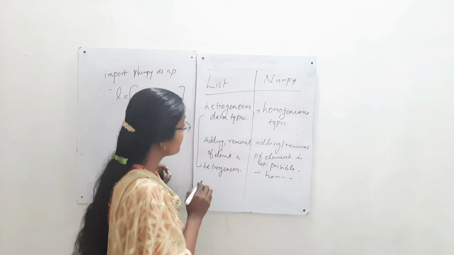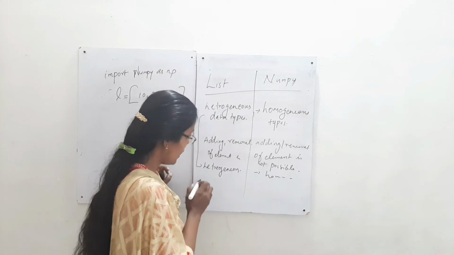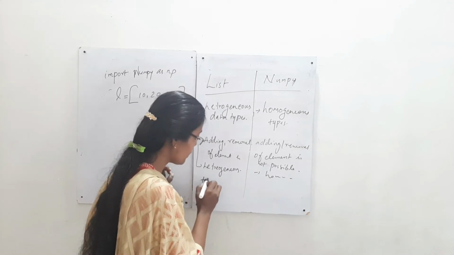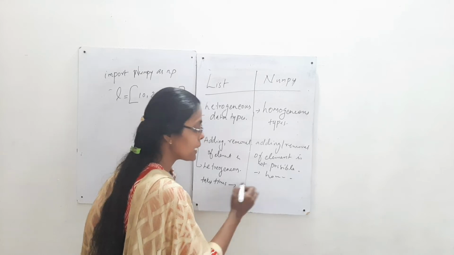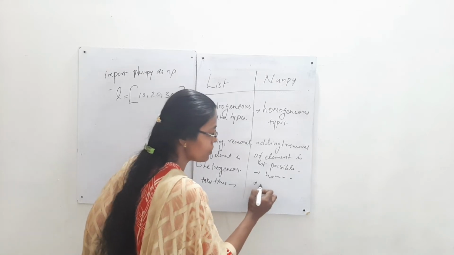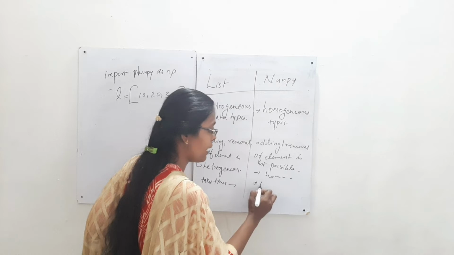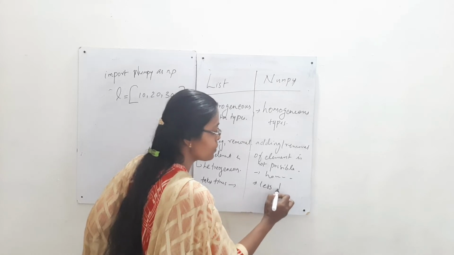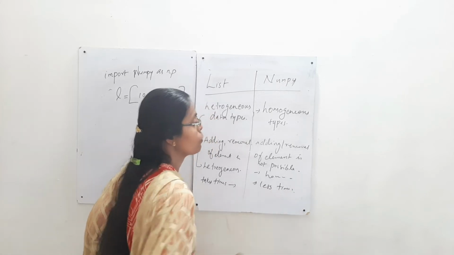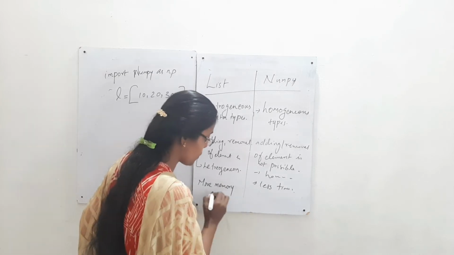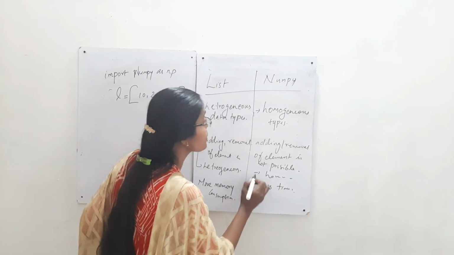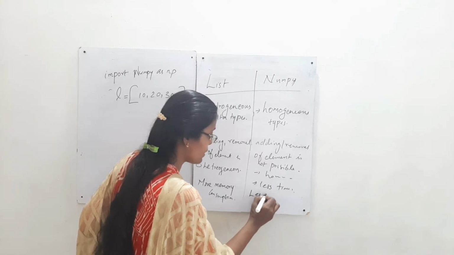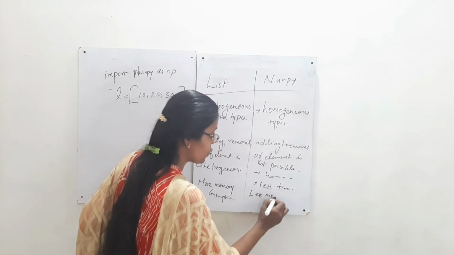Then in the case of list, it takes more time compared to this one. Here NumPy offers less time, using less time for execution. More memory consumption is occurring in the case of list, whereas in the case of NumPy, less memory consumption.